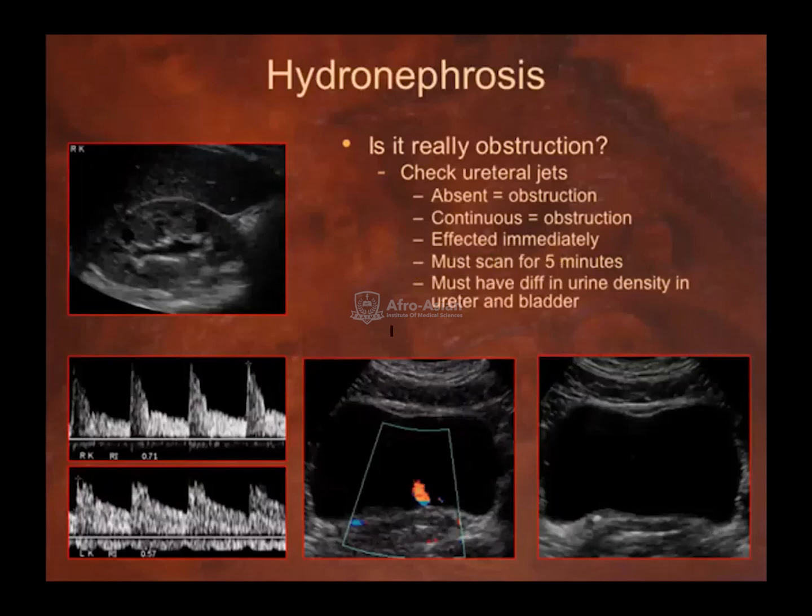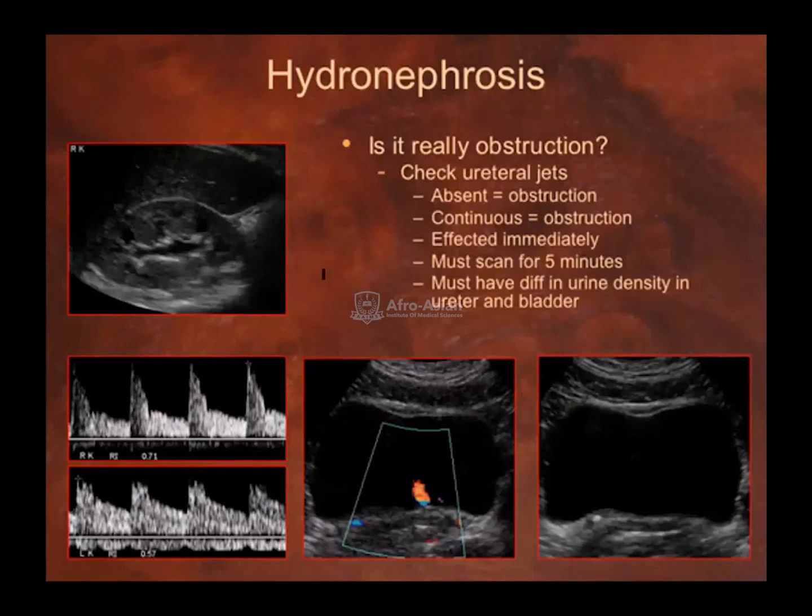There must be a difference in urine density in the ureter and bladder. So if there is obstruction, the urine in the ureter will be different in appearance as compared to the urine in the urinary bladder. Even the appearance of urine in the ureter will be different from that in the collecting system shown as hydronephrosis.